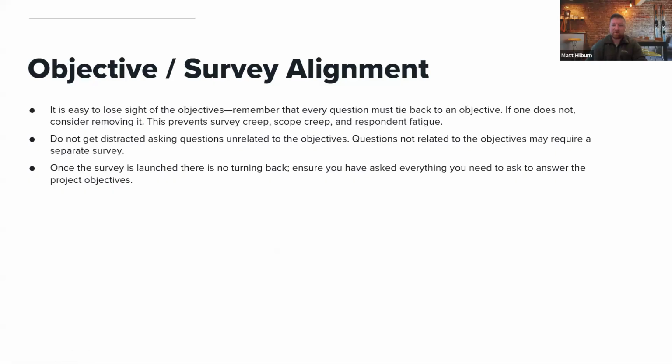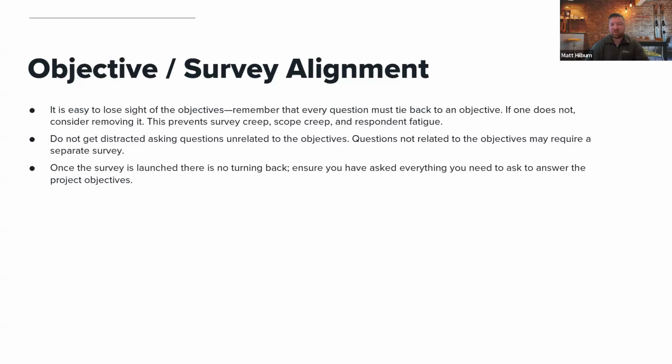At the end of the day, when you've finished your survey, you need to make sure that we reevaluate whether or not the survey questions align with an objective and that we've answered all of the objectives. It's very easy, especially when multiple people are involved in providing feedback on a survey. It's really easy to say, hey, let's ask this, and let's ask this.